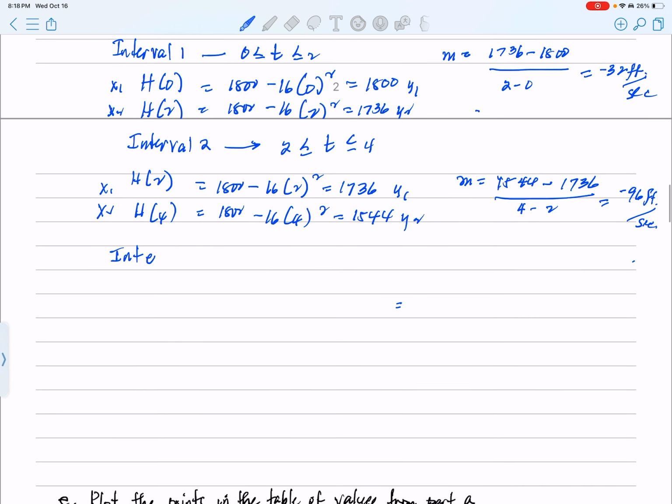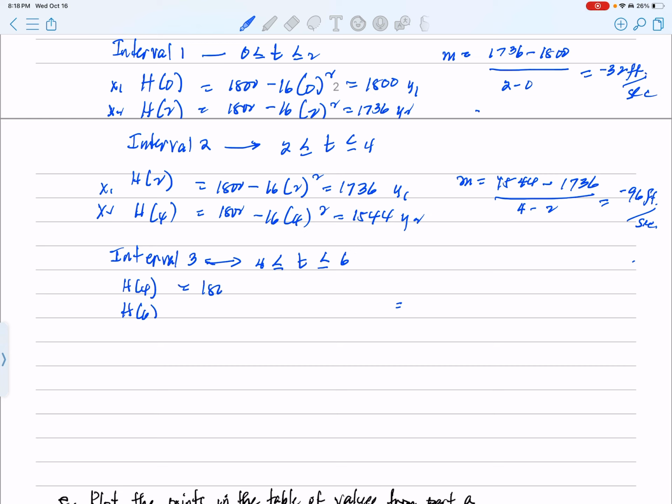The next, interval 3, is 4 to 6. So we have h of 4 and h of 6.